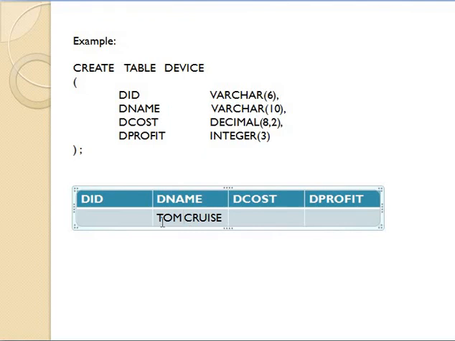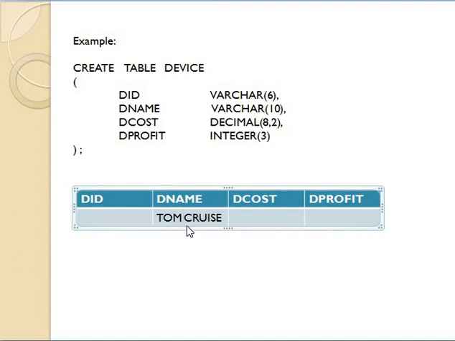It consists of 1 2 3 4 5 6 7 8 9. So in total it consists of 9 letters. But see, in between Tom and Cruise there is a space. You have to count that space also, because even a space is taken as a character.